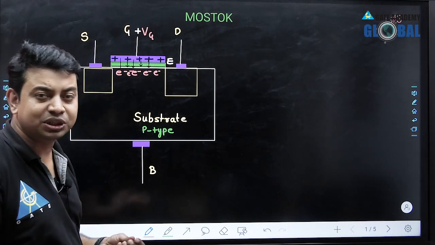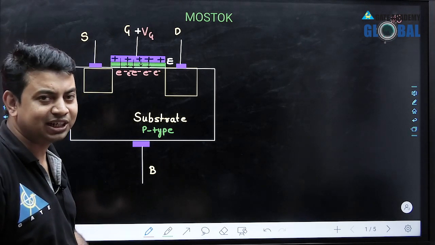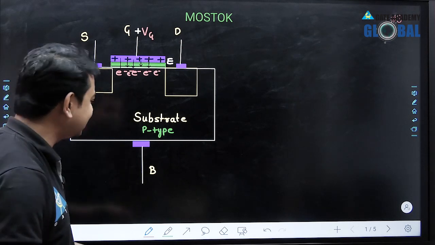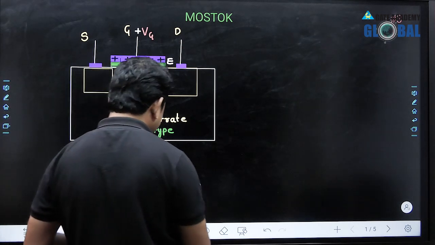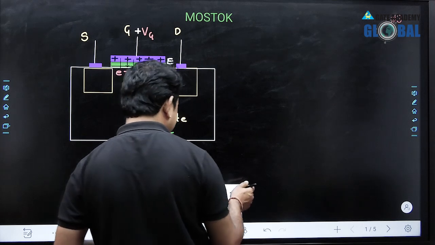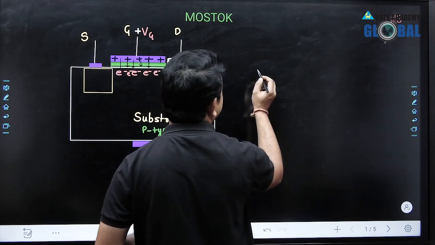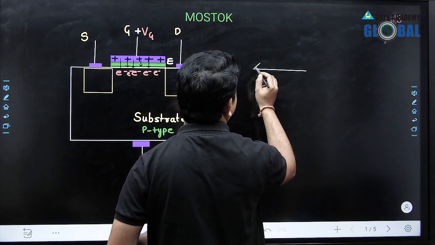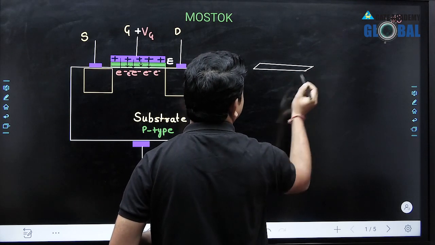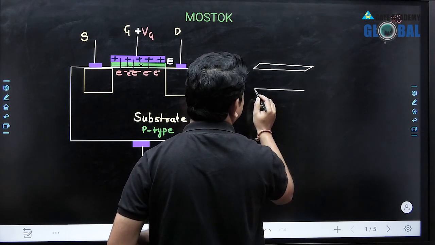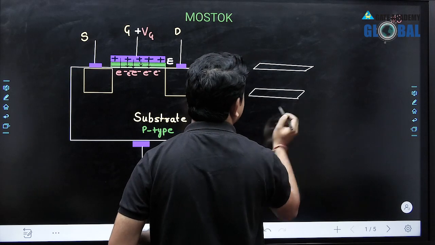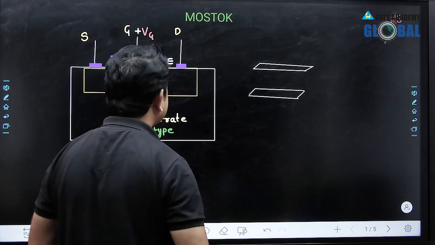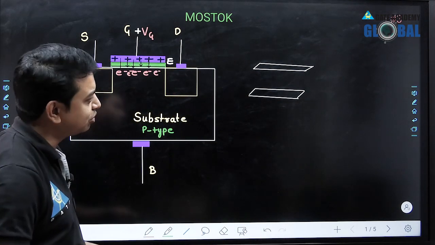In addition to this electric field, we have seen that there must exist a capacitor, because here we have the top plate acting as a metal plate and the bottom plate acting as a semiconductor consisting of more electrons.